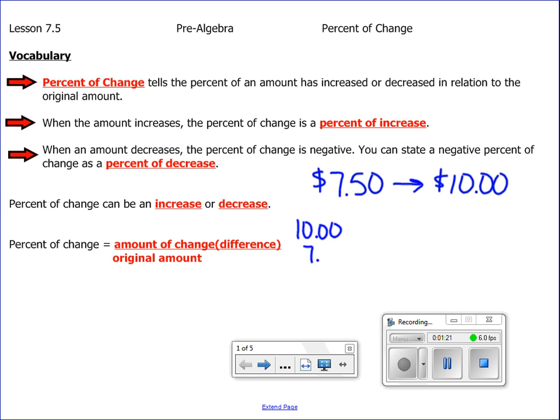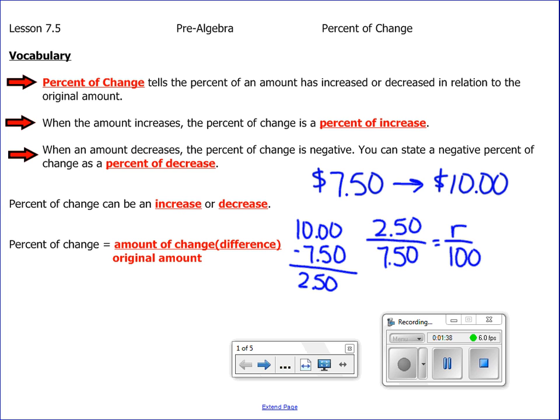So you find the difference in these two numbers, which is $2.50. You take the difference, you put it over the original amount, and set it up as a percent proportion.